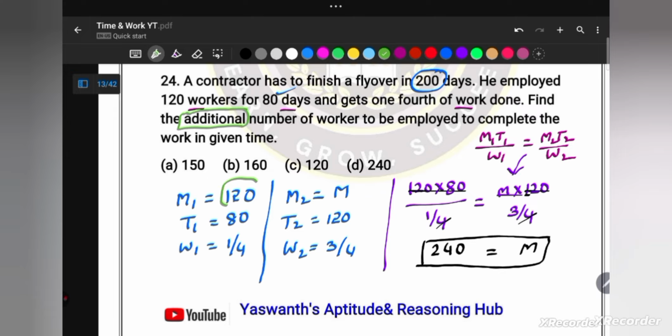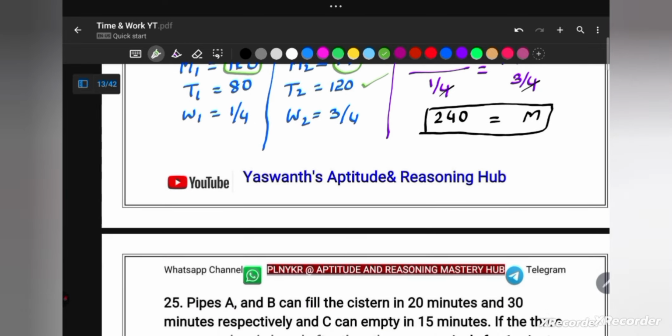Already 120 people are working. Now we require 240 in the second scenario. How many do we need to employ? We need 120 more, so that we get 240, and it will be completed within 120 days. So how many people are required? 120 additional. If the question simply asks how many workers are required, it's 240, but additional means 120. Moving to the next question.